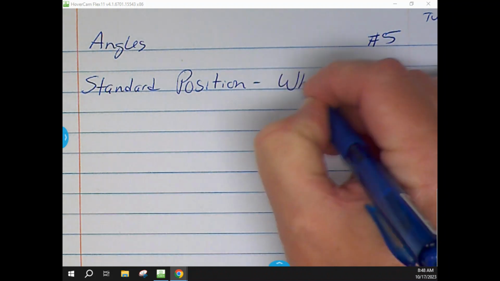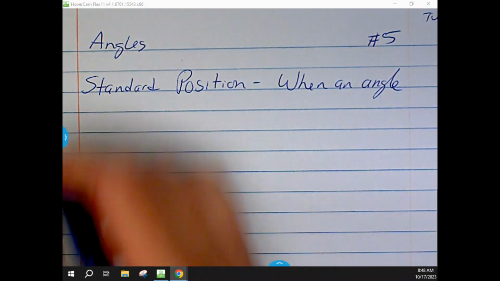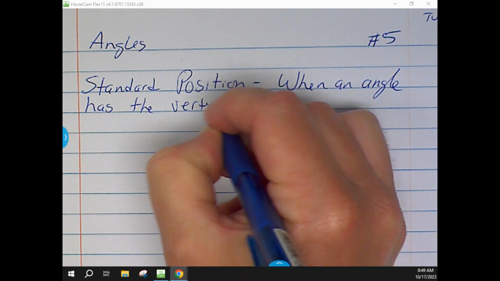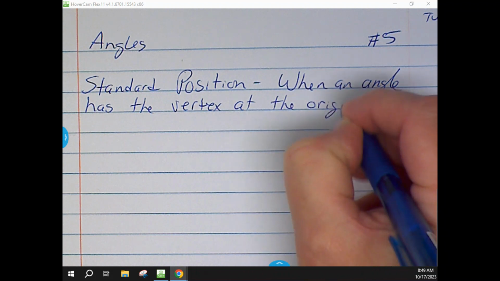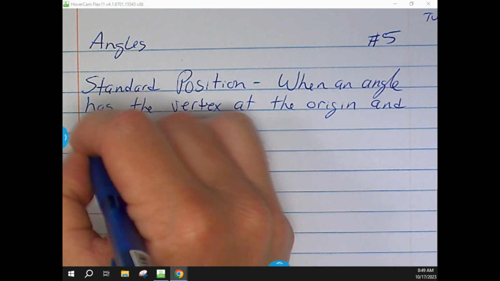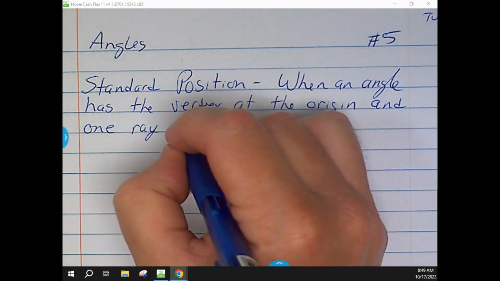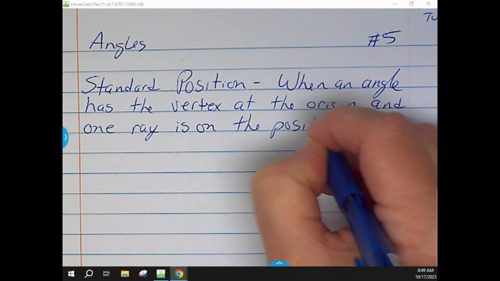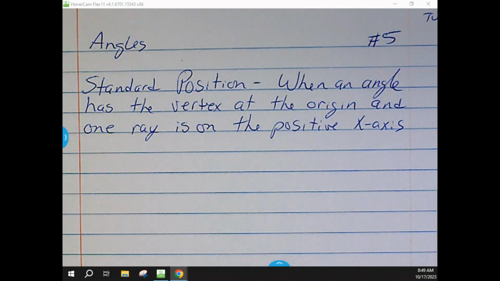And standard position is basically this: when an angle has the vertex at the origin and one ray is on the positive x-axis.